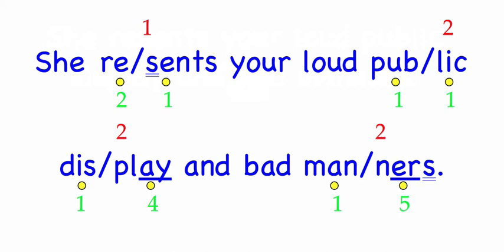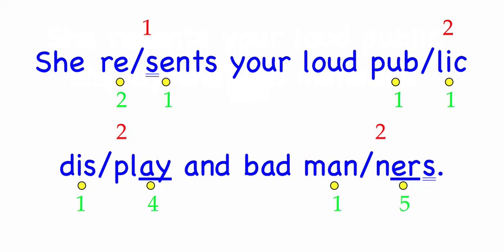Sentence 9. The trooper did impose his will and help the victim. The trooper did impose his will and help the victim.